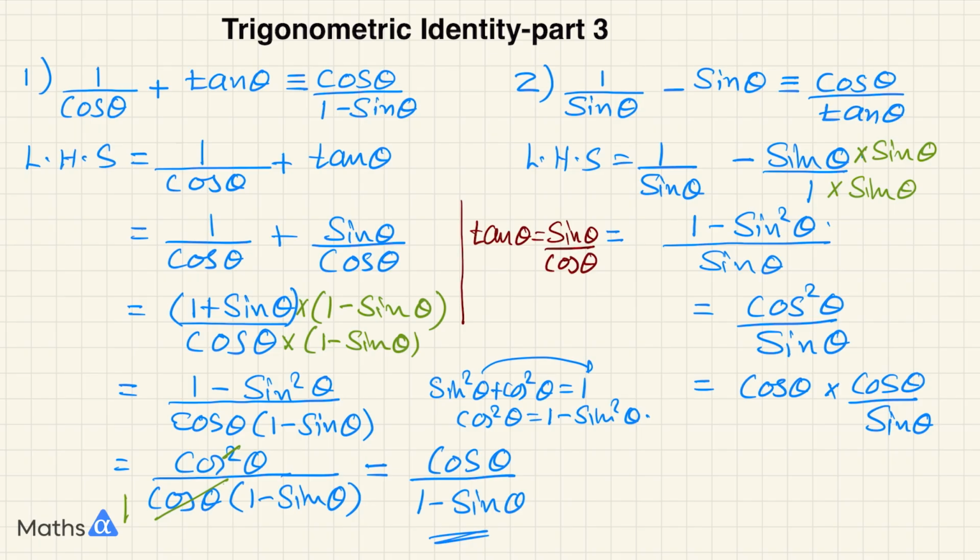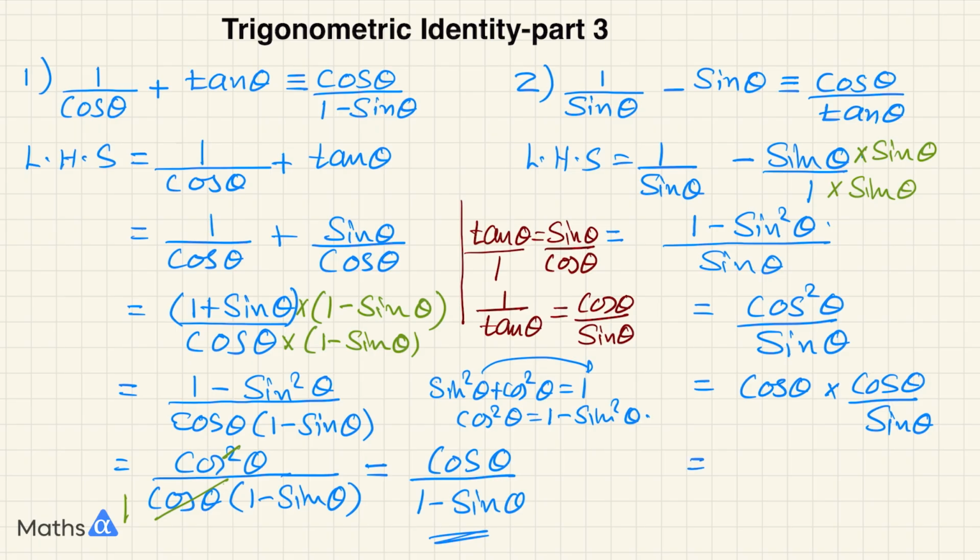So I can say that cos theta over sin theta is 1 over tan theta, right? 1 over tan theta.